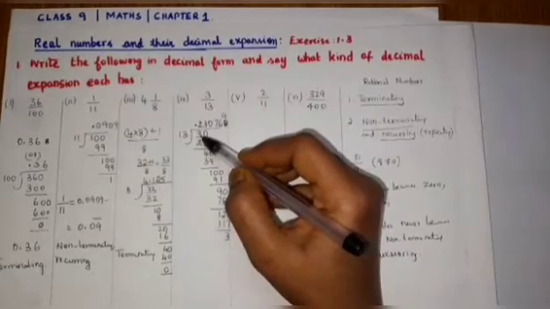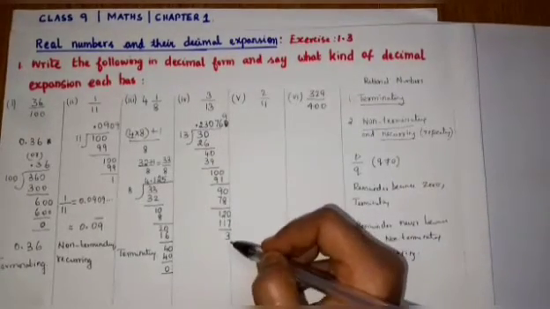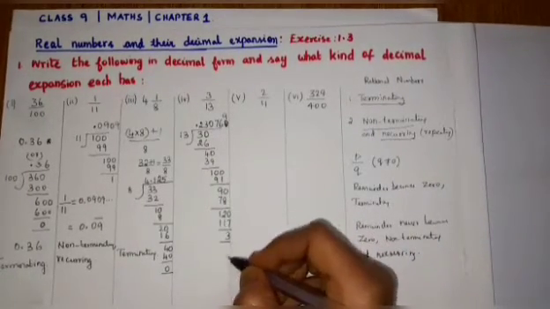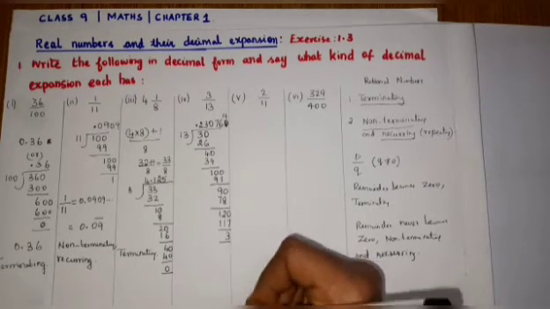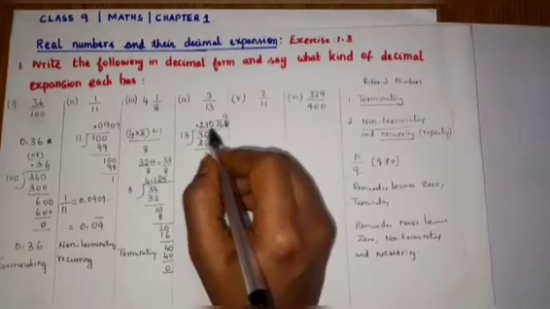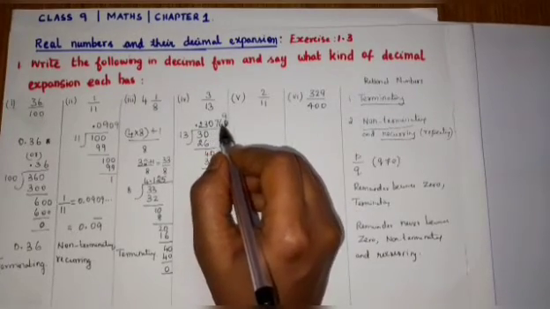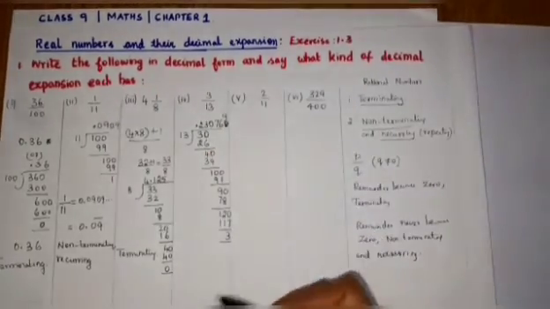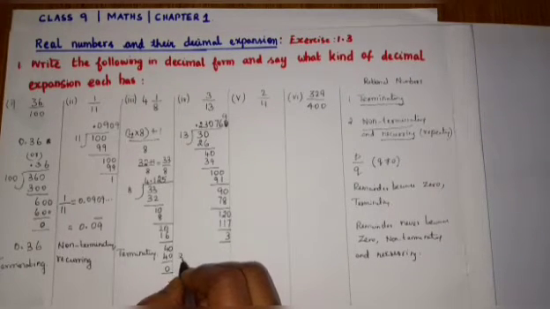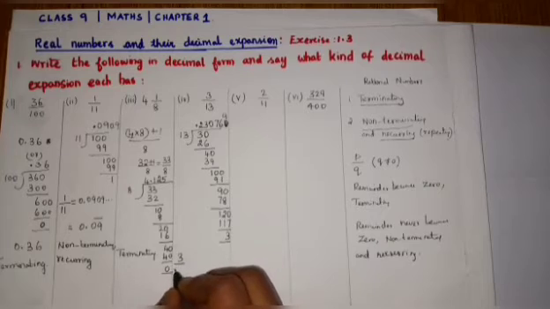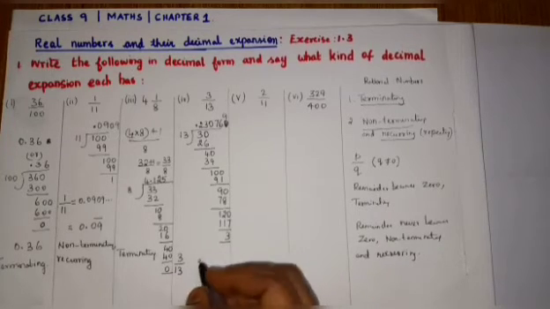So the initial number 3 you will get. So this will go on, it never ends. This block of numbers 230769 will repeat again and again. Therefore we call this non-terminating recurring.